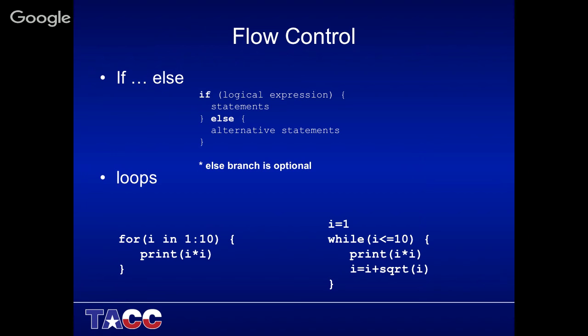In the for loop, the initialization is included. In the while loop, you have to initialize separately on the outside. This is just very basic stuff. They're just very basic flow control functions. So if you're writing an R script, you would probably use a lot of these.